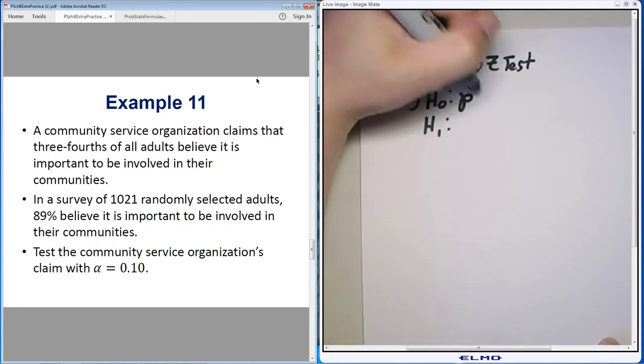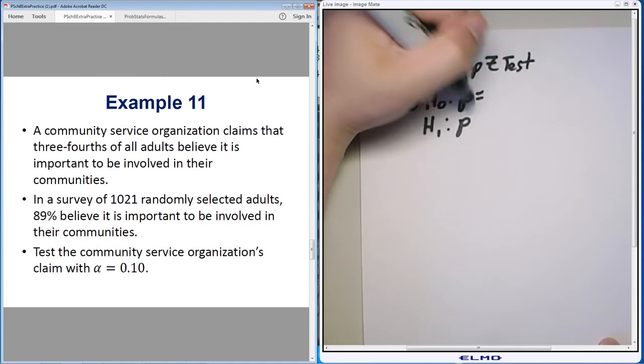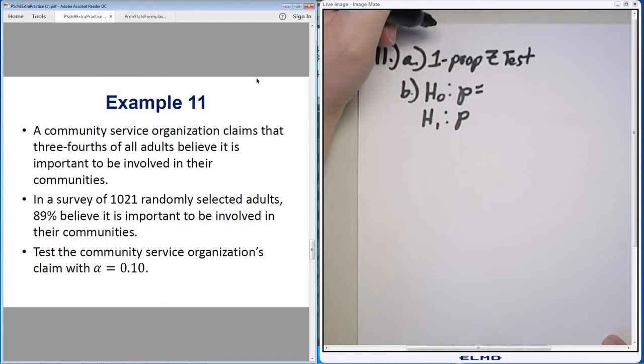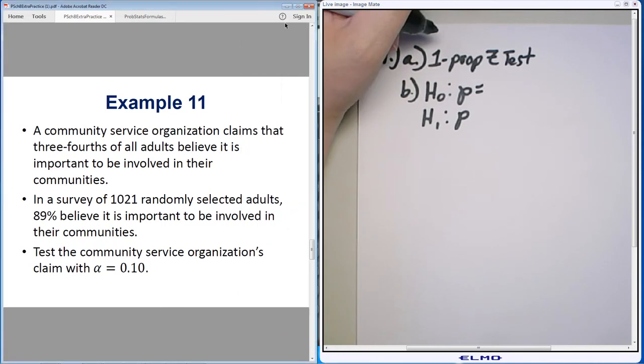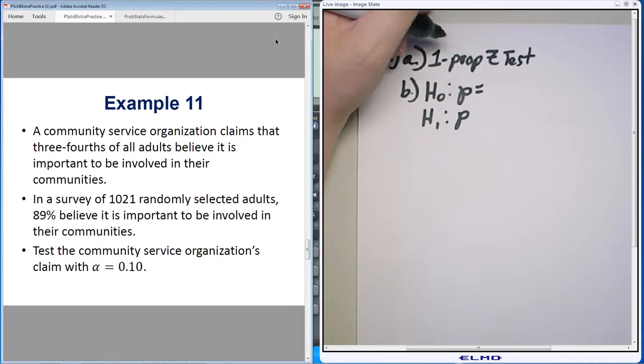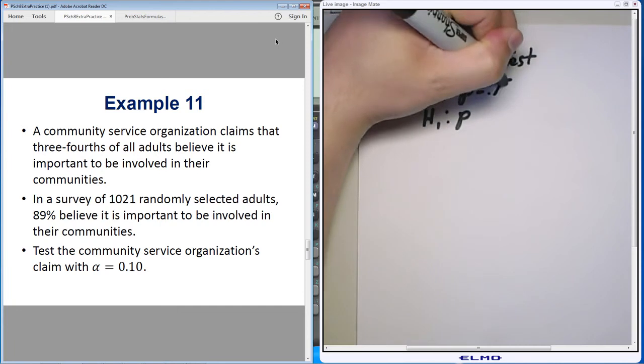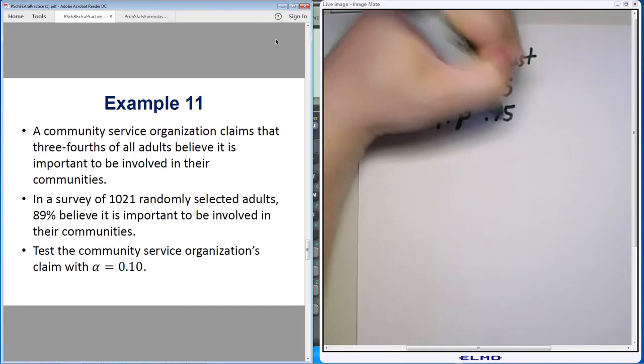The lowercase p equals and lowercase p for the hypotheses. The number that I'm curious about here that's being claimed is the 3/4. Let's change 3/4 to a decimal. It's already in a fraction. Alright, so just in case you need it, 3/4 is 0.75. That's the number.